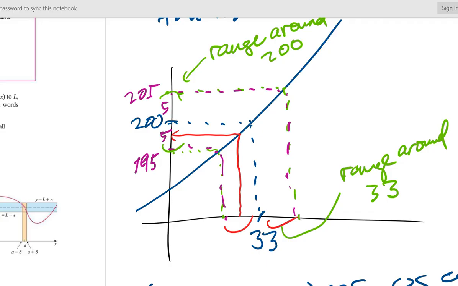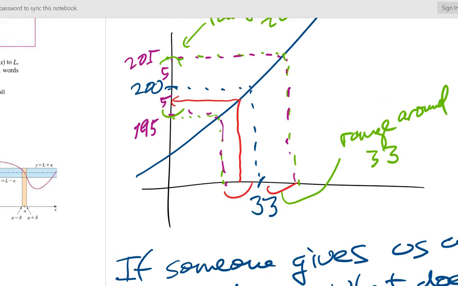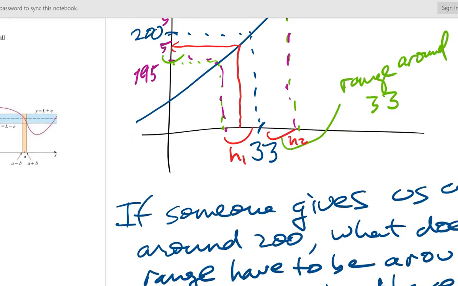Now, it's going to be the minimum of the two. So there in red is going to be an x1 and an x2. Well, let me not use x. Let me use h1 and h2. We're going to use the minimum of h1 and h2.